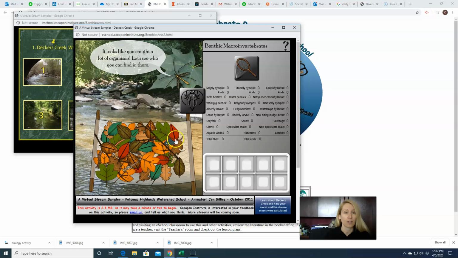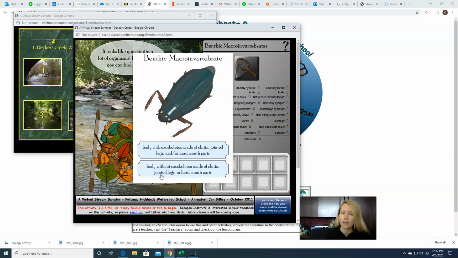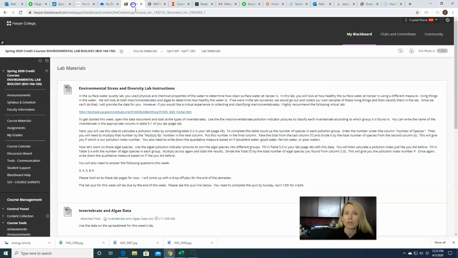Let's see what you found. We're going to put it in our little tray here, and you try to figure out what it is. This is much more complex than what we'd be doing. We have some picture guides to help you figure out, versus using a key. But I did want to let you know that there is an option here if it's something you're really interested in and want to learn more about. This is a really great site to look at.